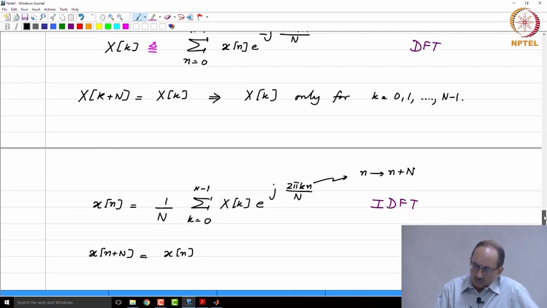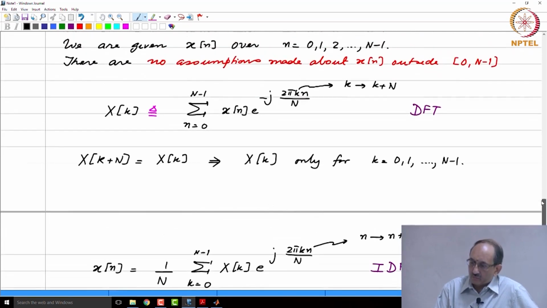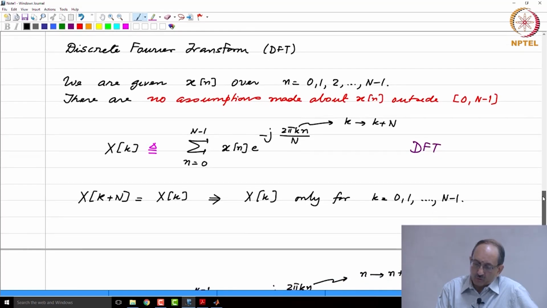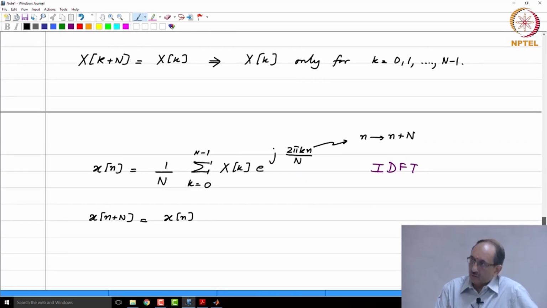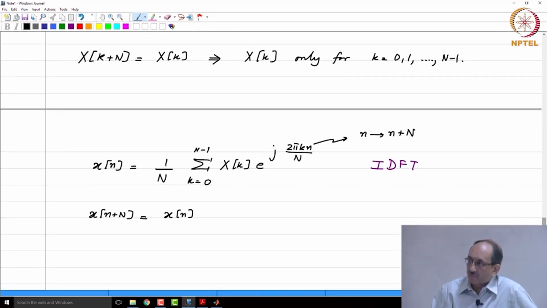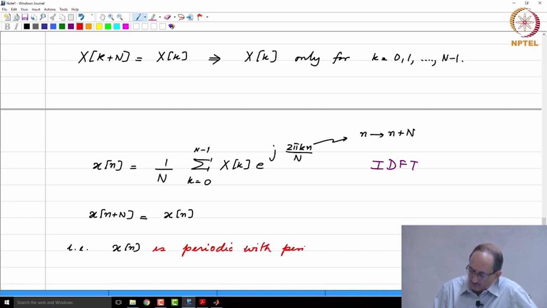Therefore, when we started off this DFT by saying no assumptions about x of n are made outside 0 to N minus 1, in the DFT framework there is no escaping the fact that x of n is really periodic with period capital N.